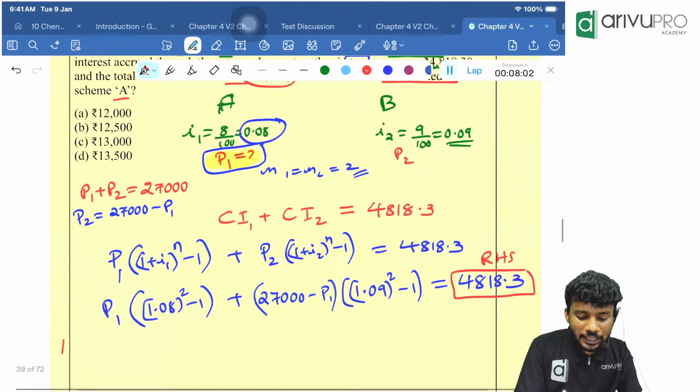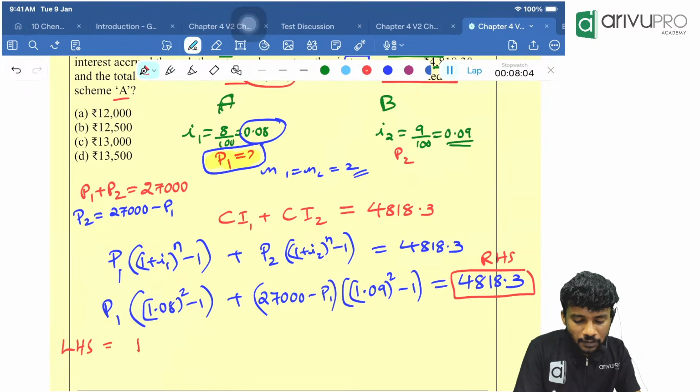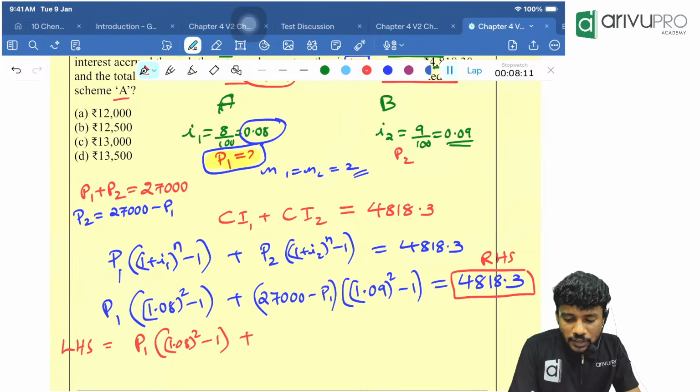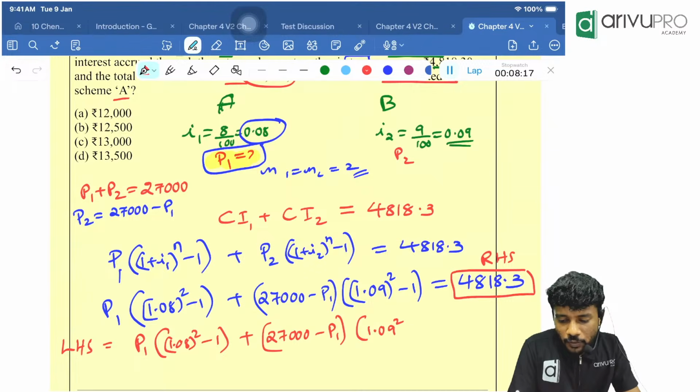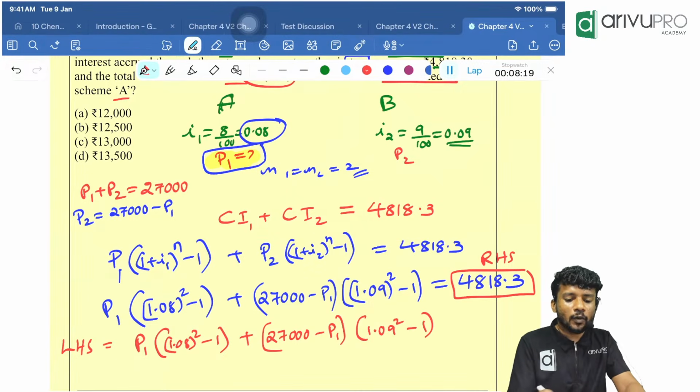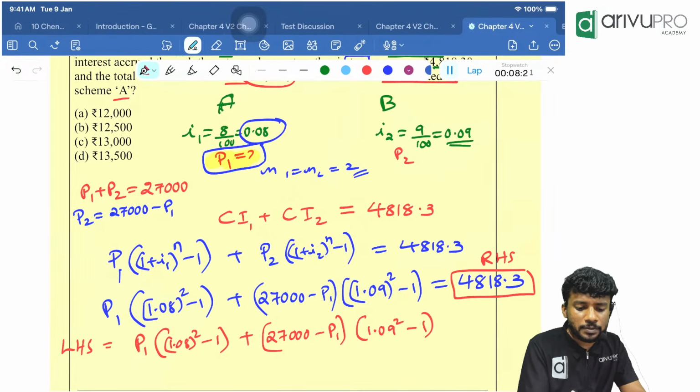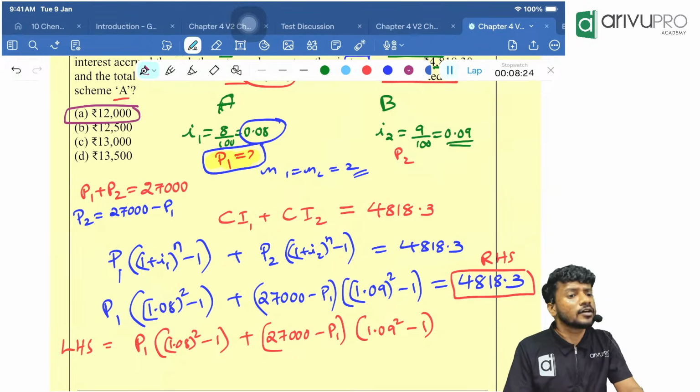Now people, LHS is how much over here? Can I say P1 into 1.08 square minus 1 plus 27,000 minus P1 into 1.09 square minus 1. Now, I am option hitting with which option first? First option.